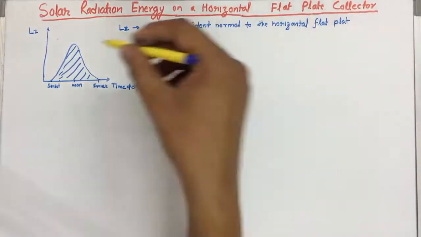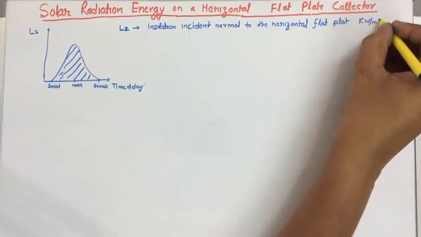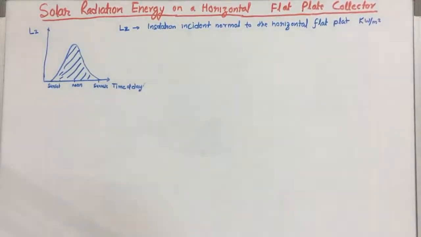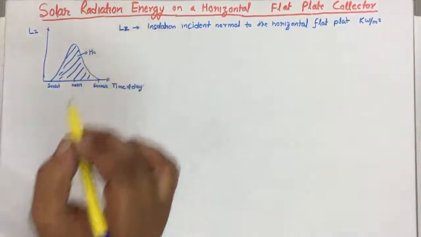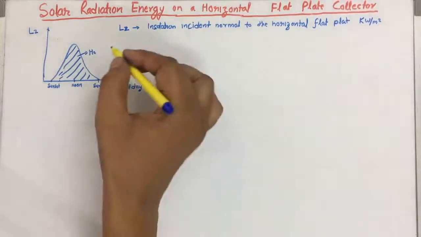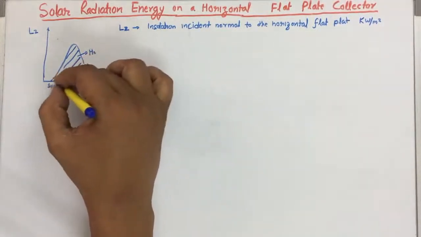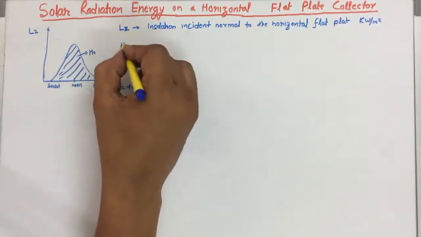The unit can be kilowatt per meter square, which we know already, and the power in it, we assumed it H0. So this is the total energy available from sunrise to sunset in the solar radiation, that is H0.